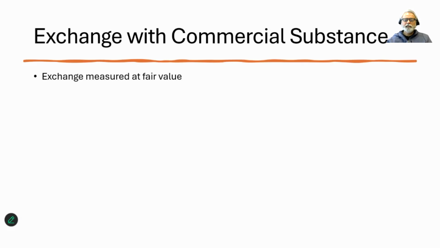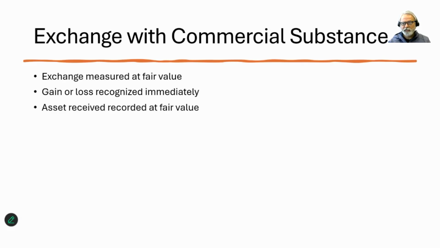Then you record the exchange by measuring, first of all, the transaction at fair value. The resulting gain or loss gets recognized immediately. The asset received is recorded at its fair value, and the asset given up gets derecognized from the books. So if it's a depreciable asset, you will credit the asset at its cost and debit accumulated depreciation. This is true for both IFRS and ASPE.